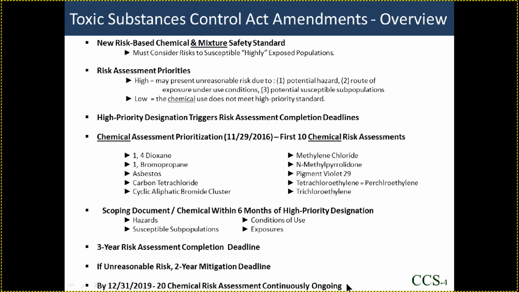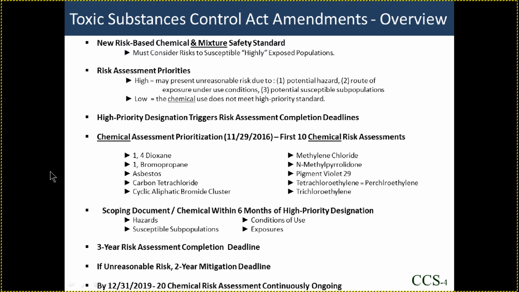And then by the end of December of 2019, they have to have 20 chemicals continuously in the pipeline. So they're starting with 10 this year, but within 2 years they have to be doing 20 a year minimally.